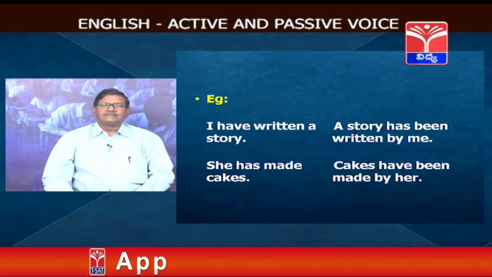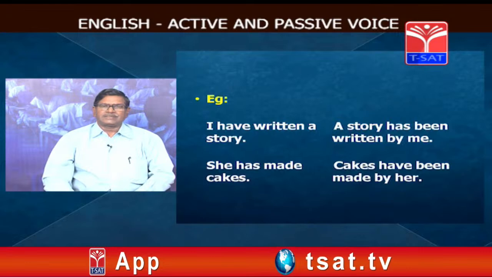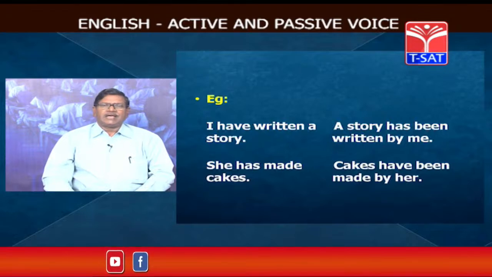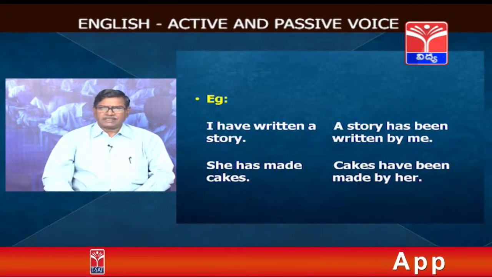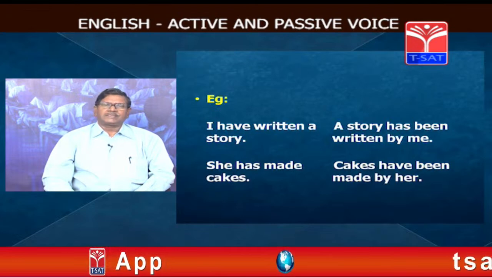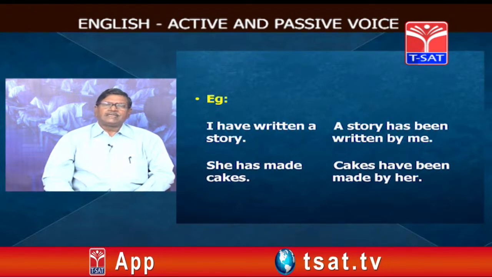Now look at the second sentence. She has made cakes. Cakes have been made by her. Cakes is the object in active voice and it becomes the subject in the passive voice.